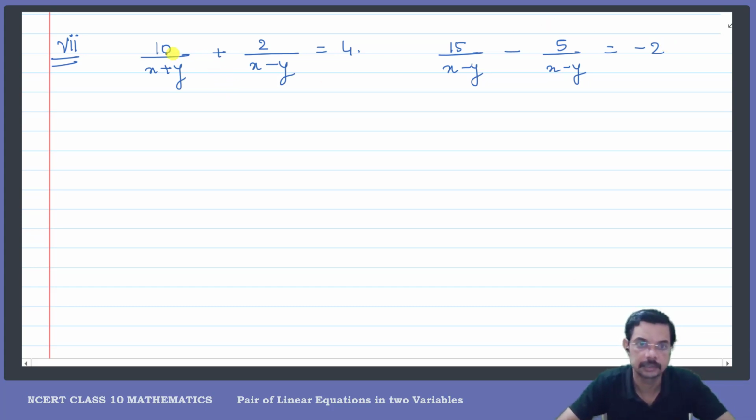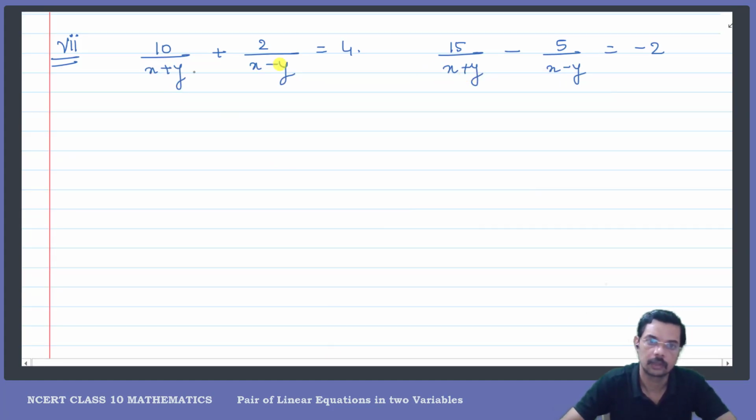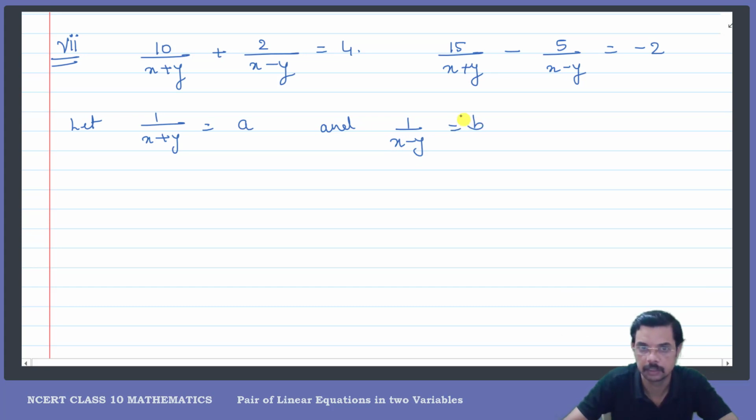In this case, I can see x plus y here and here. Both of them are okay. So what I'm going to take, I'll take 1 by x plus y as a and 1 by x minus y as b. So here, let us assume 1 by x plus y as a and 1 by x minus y as b.